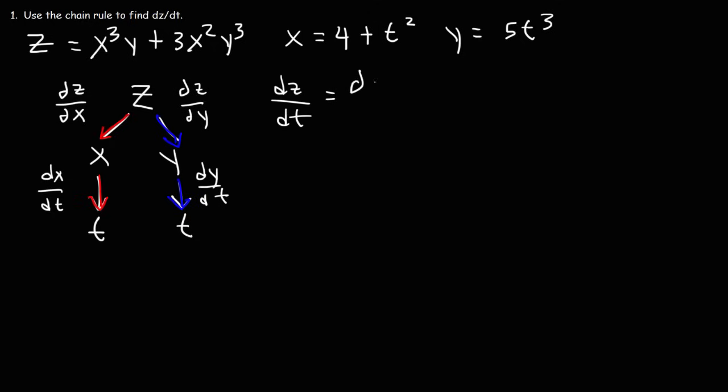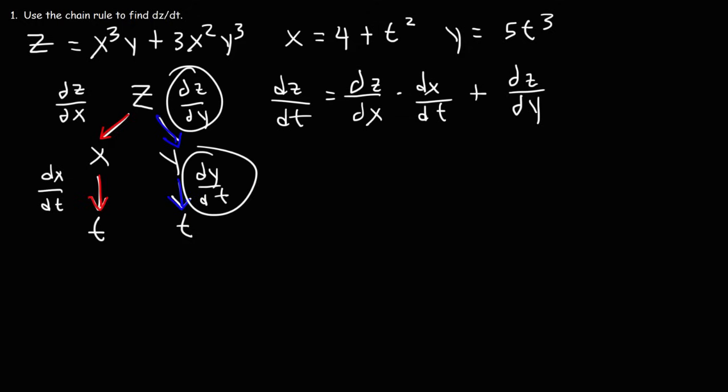So that's the partial derivative of z with respect to x times dx/dt, plus the partial derivative of z with respect to y. So we're going in this branch, and then times dy/dt. So that's the formula we need to use in order to get dz/dt.